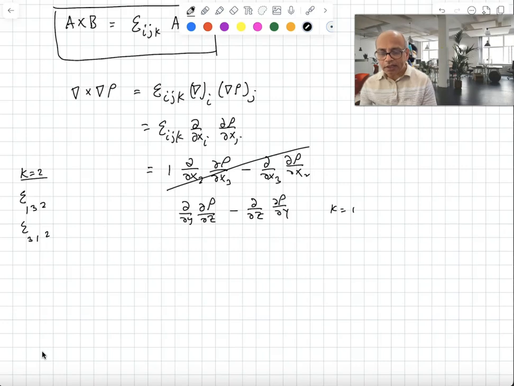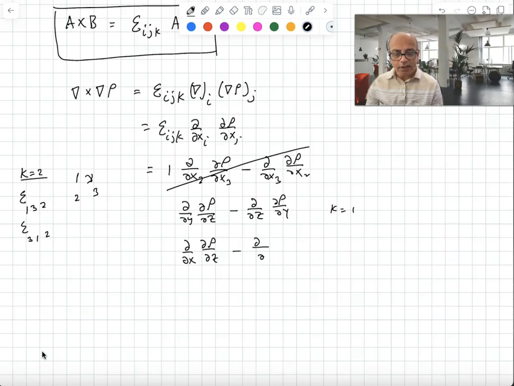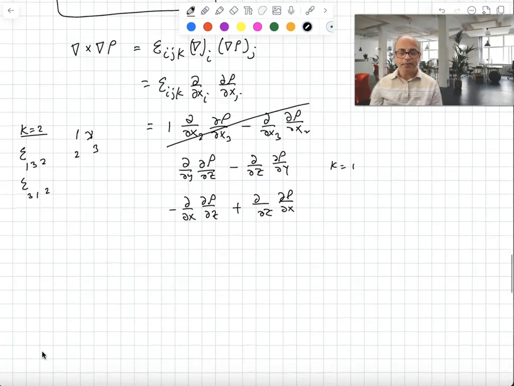Thinking of 1, 2, 3, 1, 3, 2 will be negative. So that will be 1, which is d/dx, 3, which is d/dz, and the second one is negative, d/dz d rho/dx. Once you write the first one, the first one is negative, the second one is positive, so you can write it immediately.